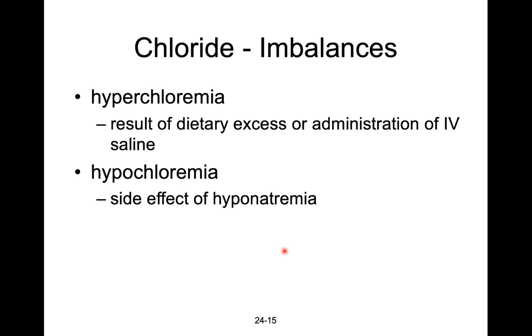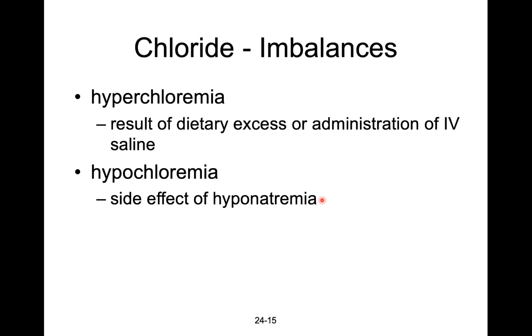So you've got a nice system here where by controlling salt concentrations, you're also able to control water volume. Now, of course, these have their own terms as well. Hyperchloremia means too much chloride, and this is usually caused by IV saline administration. And then hypochloremia, it's usually a side effect of hyponatremia. So if you remember what this term means, it means too little sodium. This is usually because you're excreting the sodium.